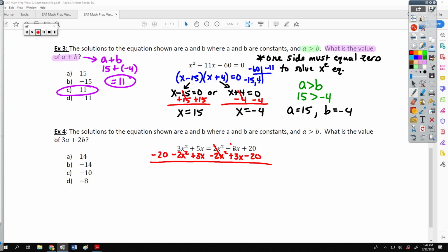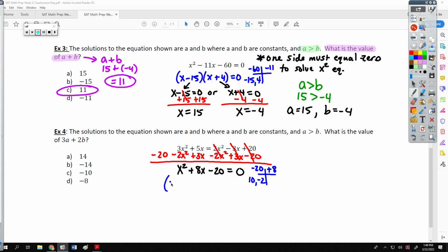Now the x squared and the x terms, those have like terms on the other side, so we're going to combine those. That would give us x squared plus 8x, and then that minus 20 is on the end, equals 0. We're then going to factor. So we're looking for two numbers that multiply to negative 20 and add to positive 8. That would be 10 and negative 2.